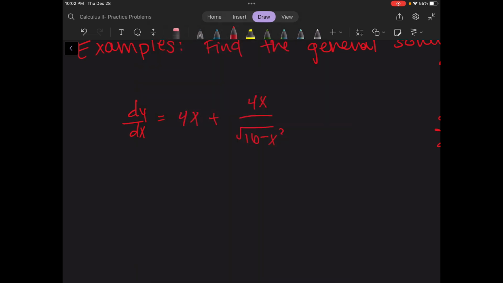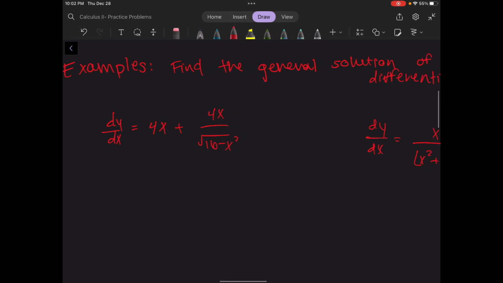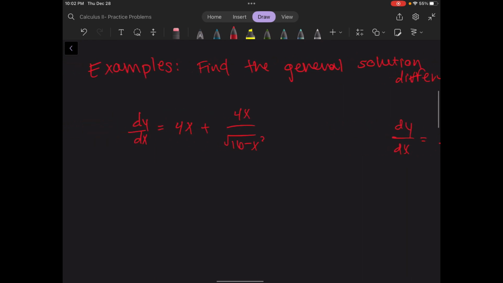Well, when we're finding the general solution of a differential equation, we are looking for a function y of x that would make the differential equation true, meaning if we take the derivative of this function, we should be left with this. Now, they gave us the derivative, and they're asking us to find this general solution. So we're just going to work backwards using integration. This is where the integration comes from, to find the answer.